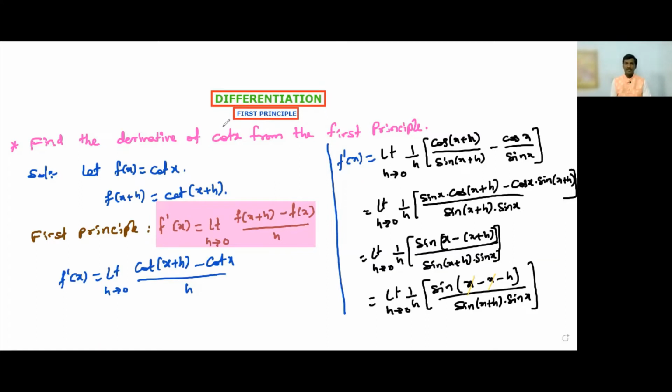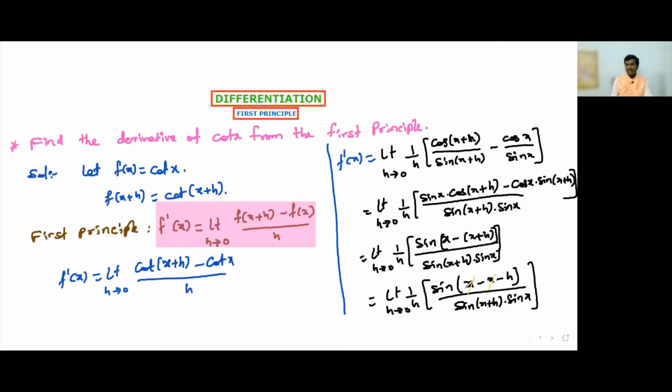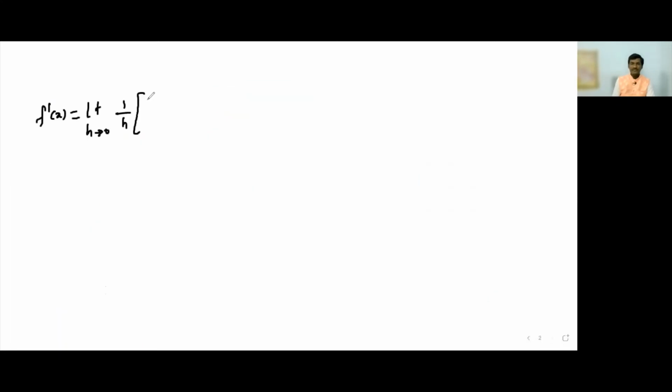Now f dash of x is equal to limit h tends to 0, 1 by h into sine of minus h divided by sine of x plus h into sine x into sine x.